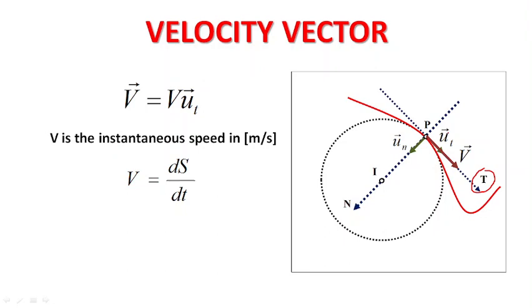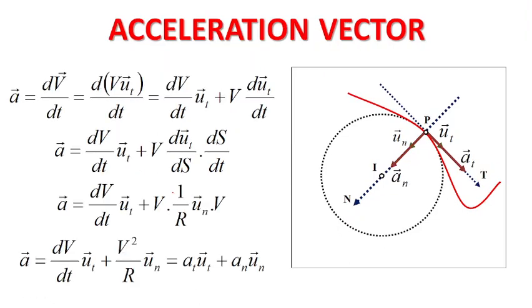For the instantaneous speed, the distance covered is ds, divided by the duration dt. v equals ds divided by dt. Now, the acceleration is equal to the derivative of v with respect to t.